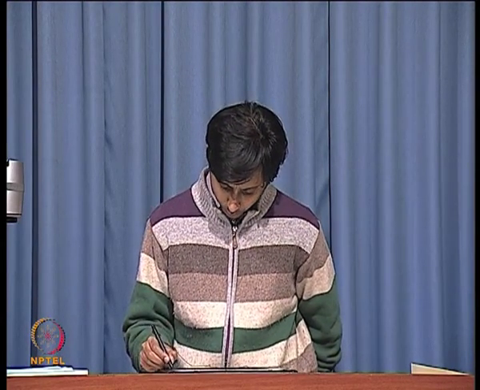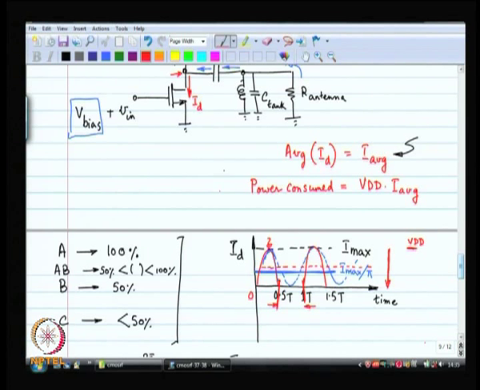So, therefore, what I am trying to suggest is that at this point of time, the signal voltage should be VDD, right, which means I max times R has got to be equal to VDD. That is my argument.